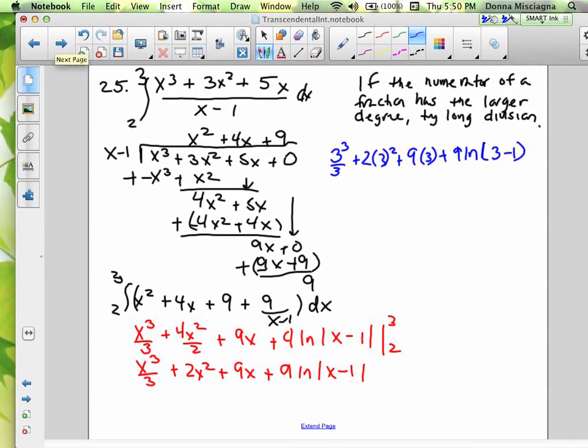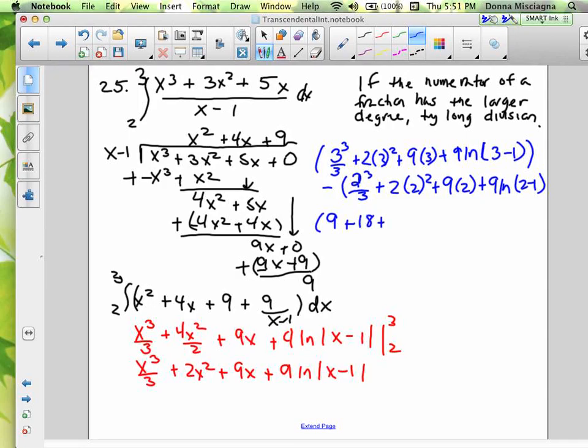And then all of this, we're going to subtract with a 2: 2 cubed divided by 3 plus 2 times 2 squared plus 9 times 2 plus 9 times natural log of 2 minus 1. All right, so that's going to be 27 divided by 3, that's 9, plus 3 squared is 9 times 2 is 18, plus 27, 9 times 3, plus 9 times the natural log of 2.